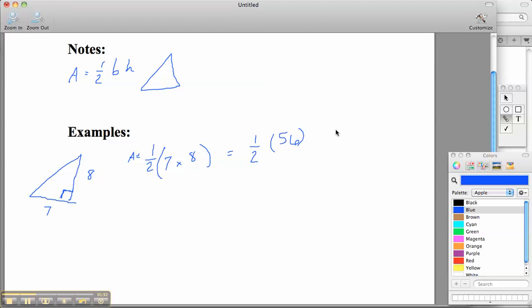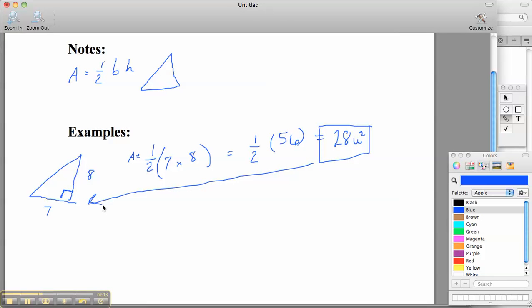So 1/2 times 56 is basically just taking 56 and dividing it in half, and that's 28. 28 units squared. That is the area of this right triangle.